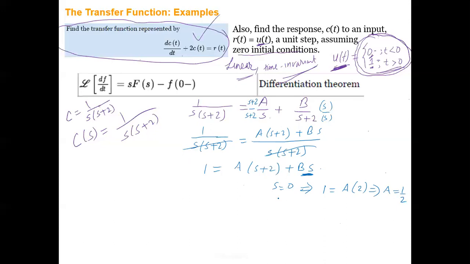Now plug in s equals negative 2. This term becomes 0, since negative 2 plus 2 is 0. So 1 equals 0 plus B times negative 2, which implies B equals negative 1 over 2.